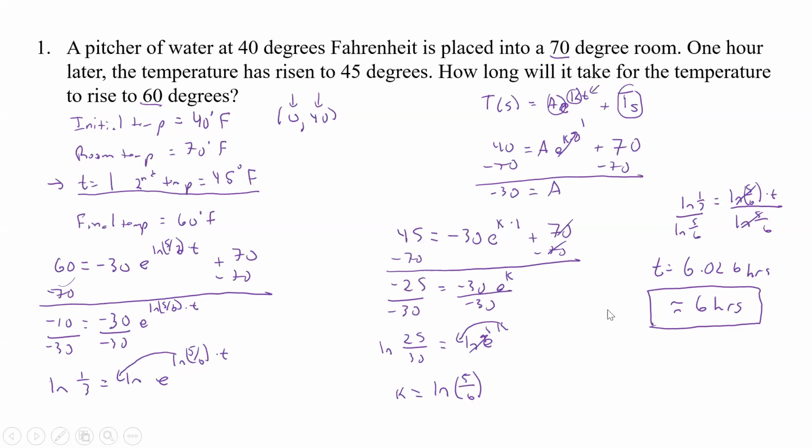You just have to remember to put things in a proper order. It's slow, methodical, but it's a lot of repeating the same thing. We had it once here, once here, once here, and we just did all the same things, solving for k and t in different places depending on what stage we were at.